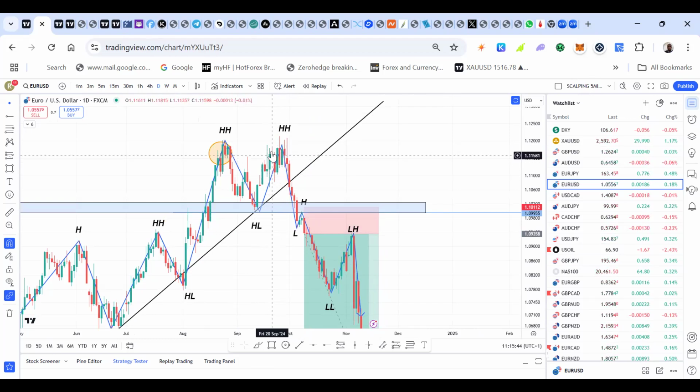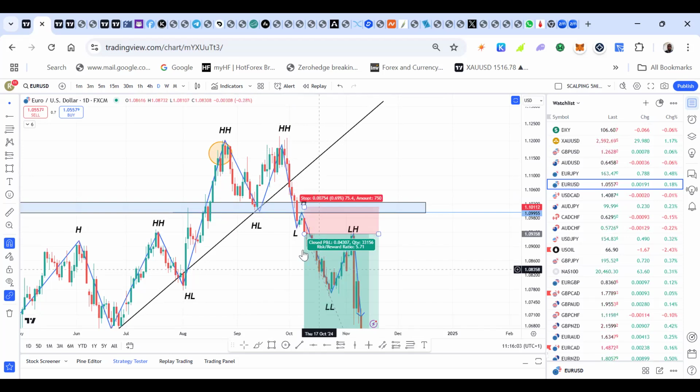We have treated that one. So when you have all these wicks, what it means is that there is a rejection around this area. So if you have all of these multiple wicks and you now have this trend broken, you can actually even take this trade from here, even before all of this confirmation.